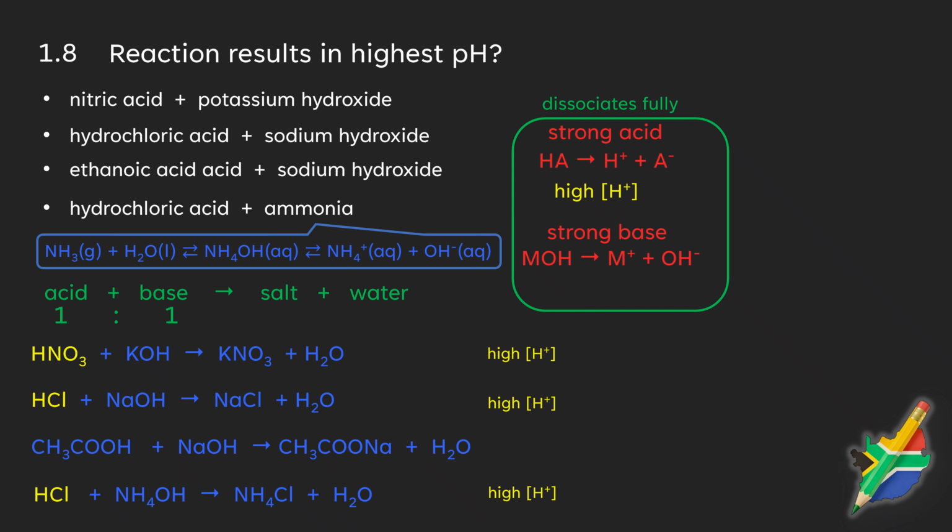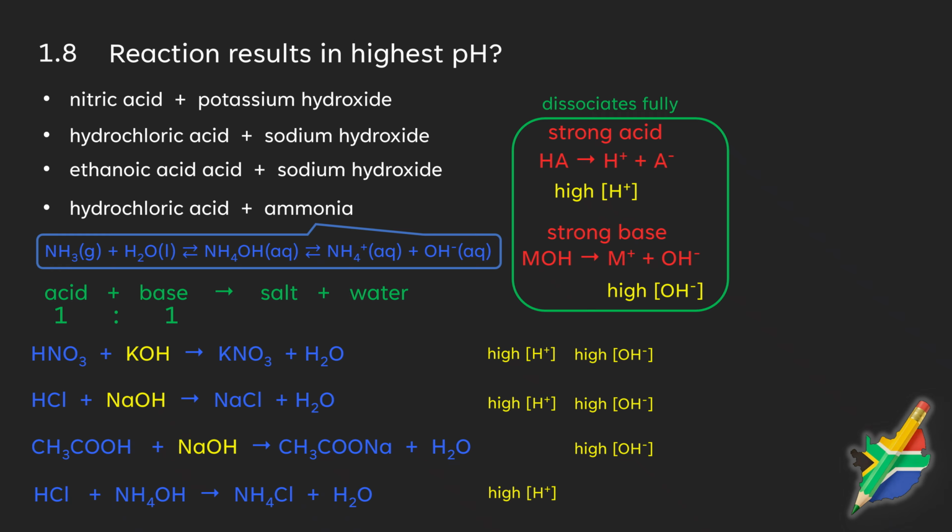These acids shown in yellow, namely nitric acid and hydrochloric acid, are strong and produce a high concentration of hydrogen ions in solution. Since strong bases dissociate fully, they produce a high concentration of hydroxide ions in solution. The bases in yellow are strong bases, namely potassium hydroxide and sodium hydroxide, and they produce a high concentration of hydroxide ions.